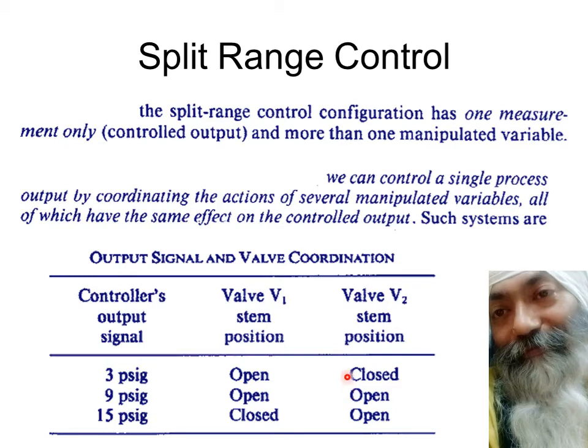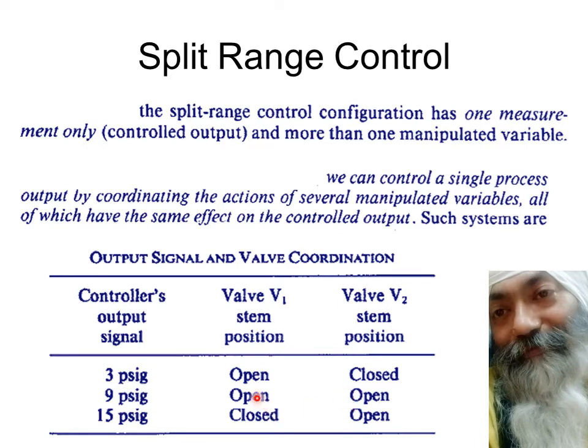So at 3 psi, it is fully closed. At 9 psi, it is fully open. In between, you can say at 6 psi, it is 50% open or 50% closed. But in the second part of the range, as you can see, nothing happens to the second manipulated variable. It remains constant, fully open.